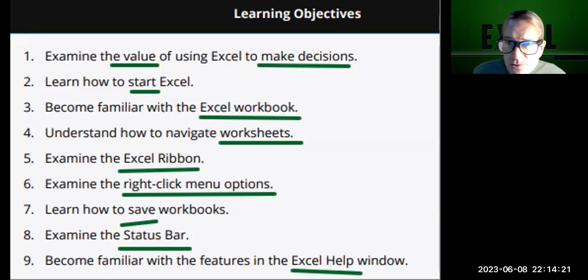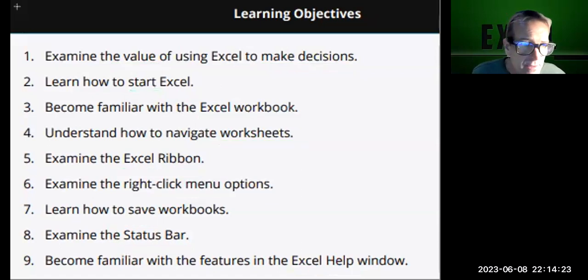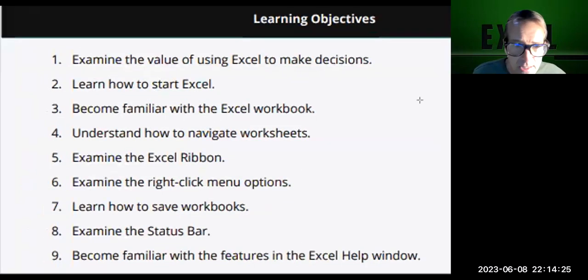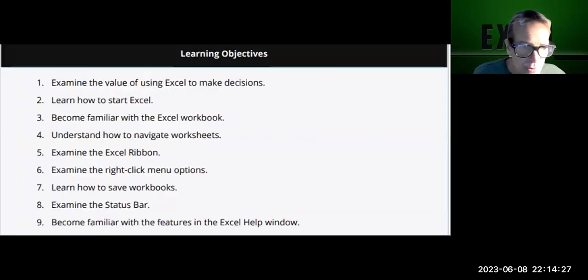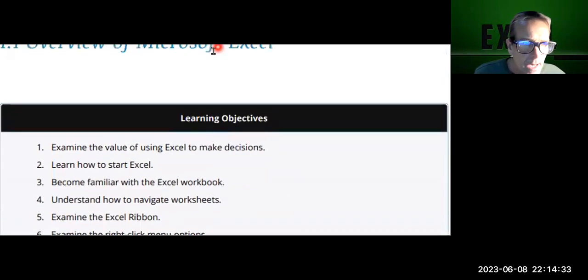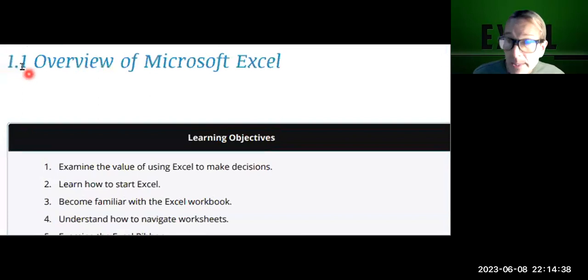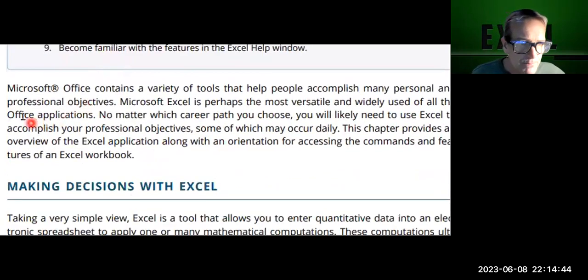Okay, so now let's scroll down. We looked at the objectives. We know where the author is taking us in this first chapter. I'm sorry, these are the objectives for 1.1. Remember there's 1.1, 1.2, 1.3, and 1.4. So for this first section, those are the objectives.